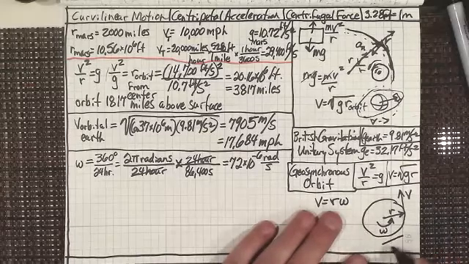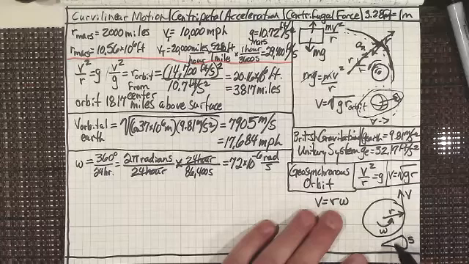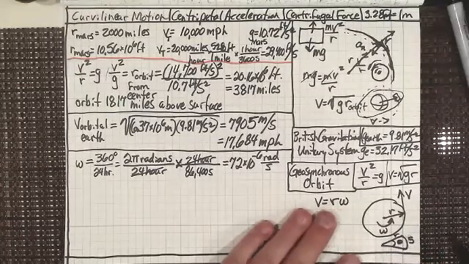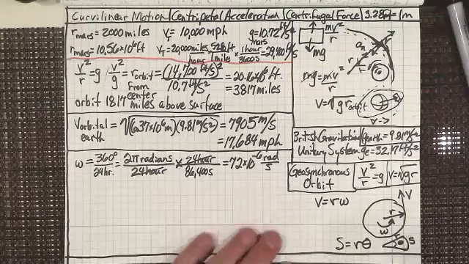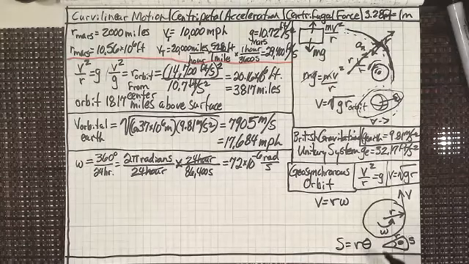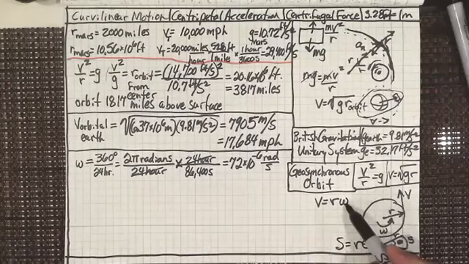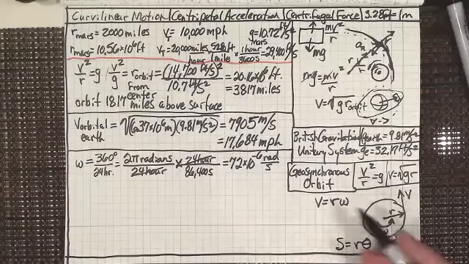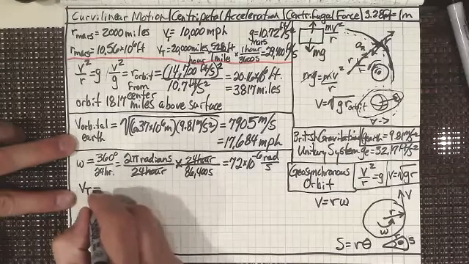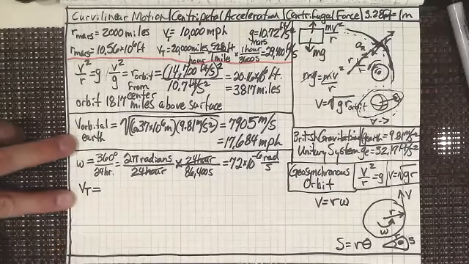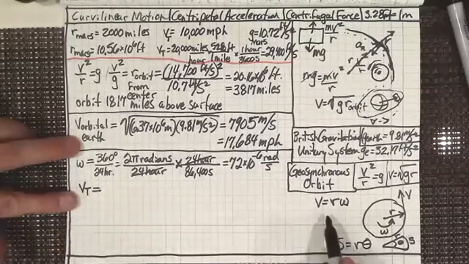If we look at an arc, we know that the length of the arc is the angle times the radius. So the length of the arc equals the angle times the radius. And of course, that angle is in radians, and this is in radians per second. So we know what the tangential velocity of the satellite has to be, don't we?